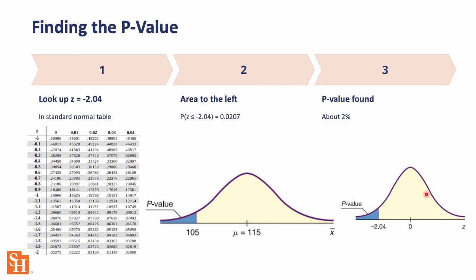And in terms of z score, this area is 0.0207, so about 2%. I think now it is clear to all of you how we can calculate this probability, which is termed the p-value for a hypothesis test, right?